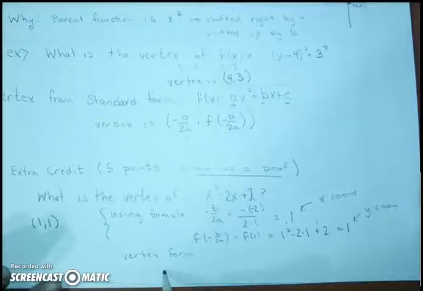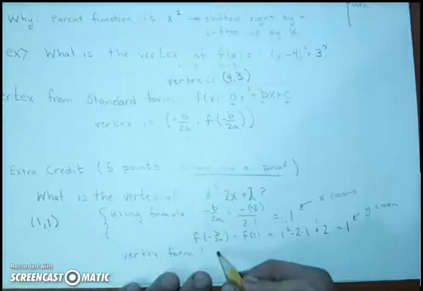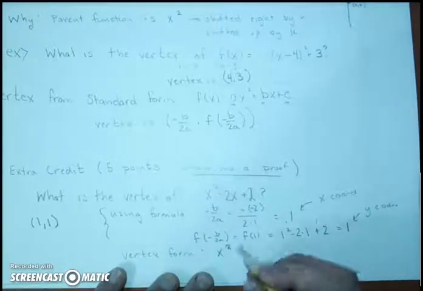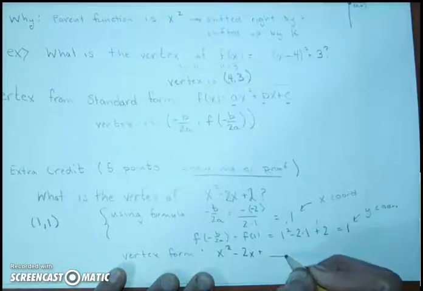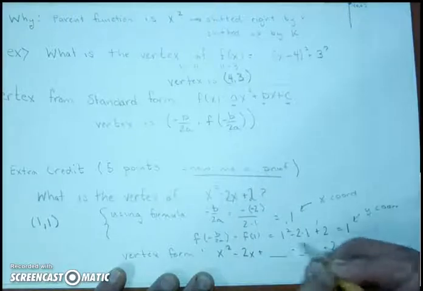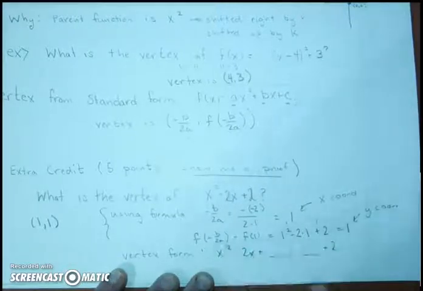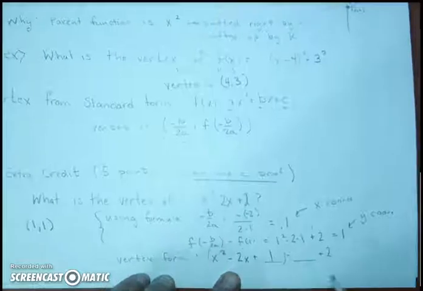I could figure it out by putting it first into vertex form as well. So for the vertex form of this equation, I need to complete the square. So I have x squared minus 2x. I'm going to add something, and I'm going to subtract that same thing, and then I have the plus 2 left over. So to figure out what to add, I divide this term by 2, that's negative 1, and I square it, so that's 1.